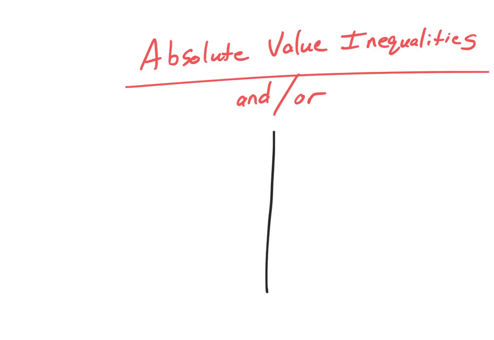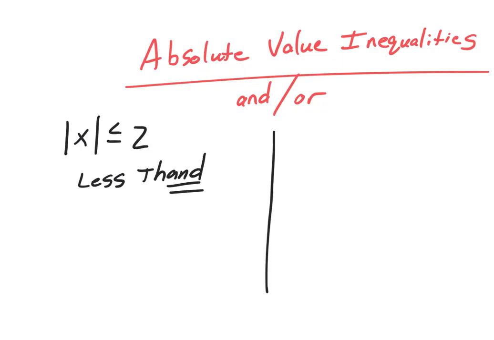So let's look at an example of some different ones here. Absolute value of x is less than or equal to 2. The way I always remember this, if I have a less than symbol, and this rule only works for absolute value, but it's a pretty quick and easy way to remember it, is I remember this as less than.